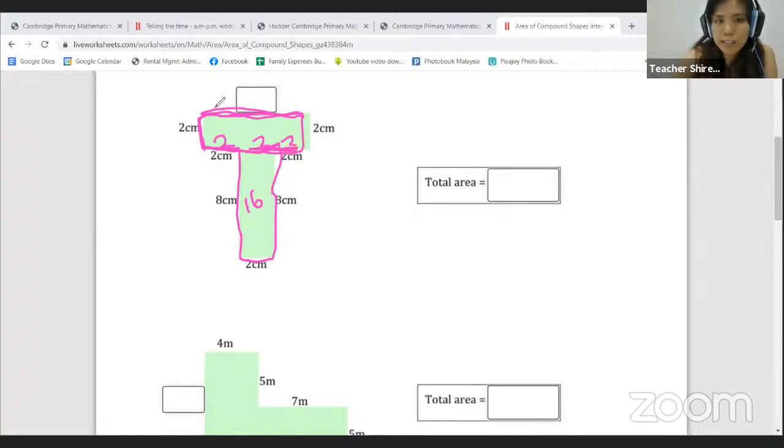So you know this line is actually 6. So you want to find this is 6 by 2. Very good. You get 12. So the total area is 12 plus 16, 28.